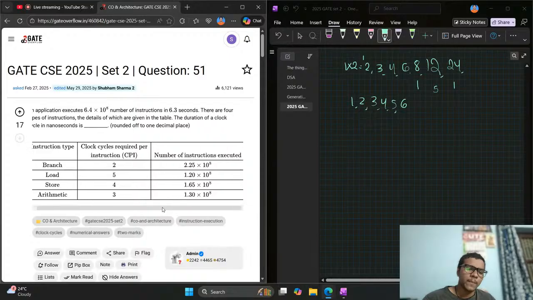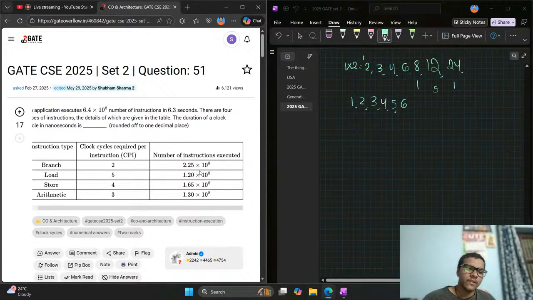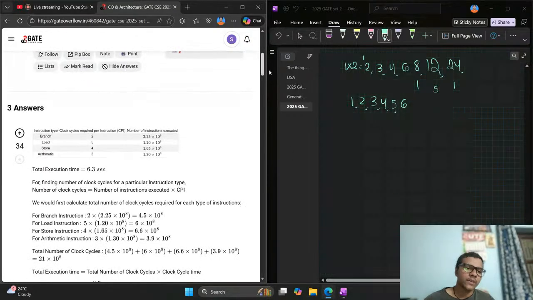So we need time. A branch, the instruction type branch, it executes these many instructions and it needs 2 clock cycles. So on an average in one clock cycle it executes 1.125 into 10 power 8 instructions. Okay, I need to check this out.